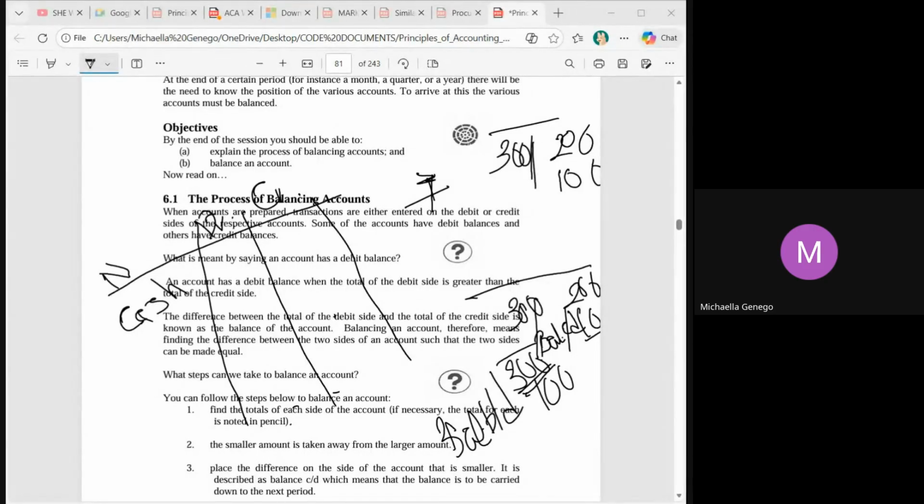So if I'm getting 5,000 here, it should be the same 5,000. I shouldn't have any balance, unlike the T account where we have to add 100 to balance it. That one, there's nothing like that. If it's 300 here, it should be 300 here without balancing it. Okay, madam. Thank you. You're welcome.